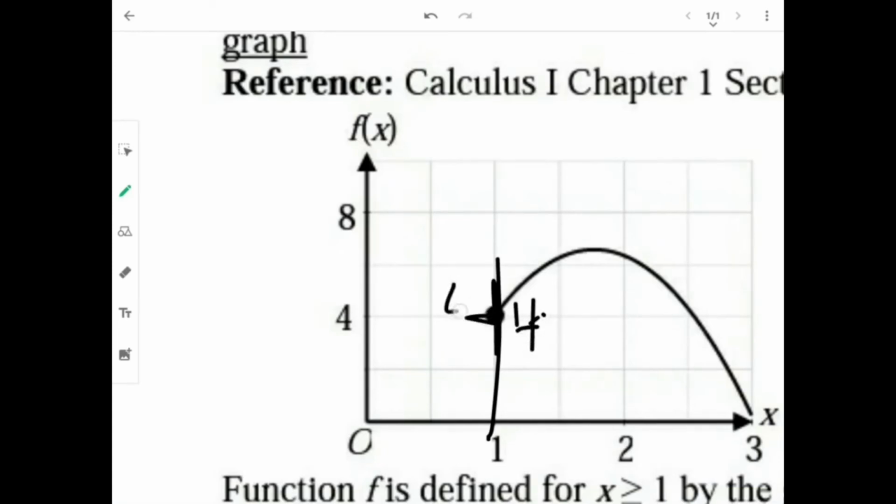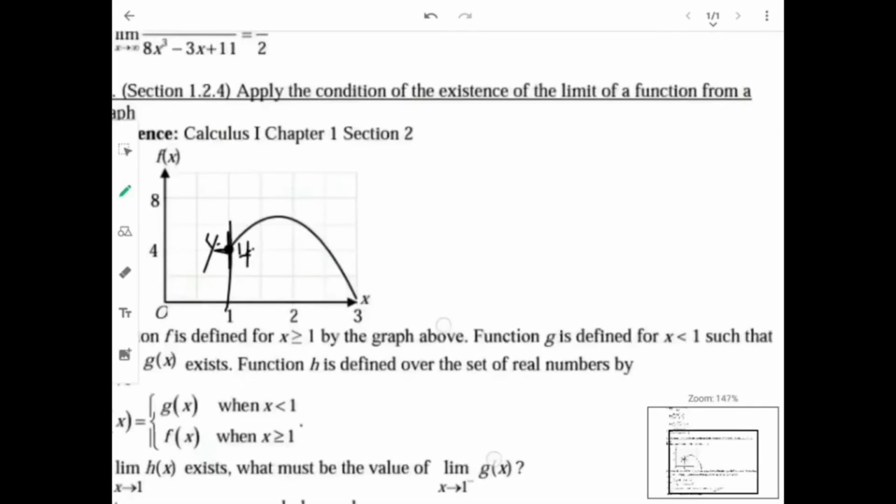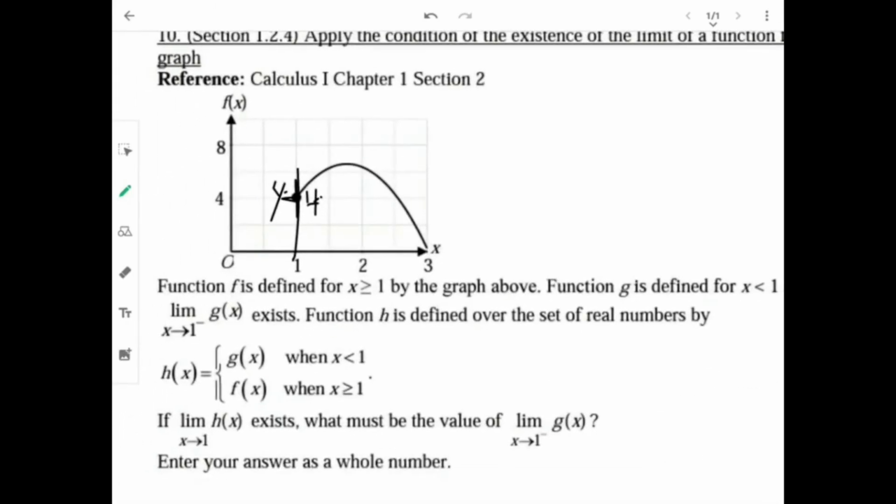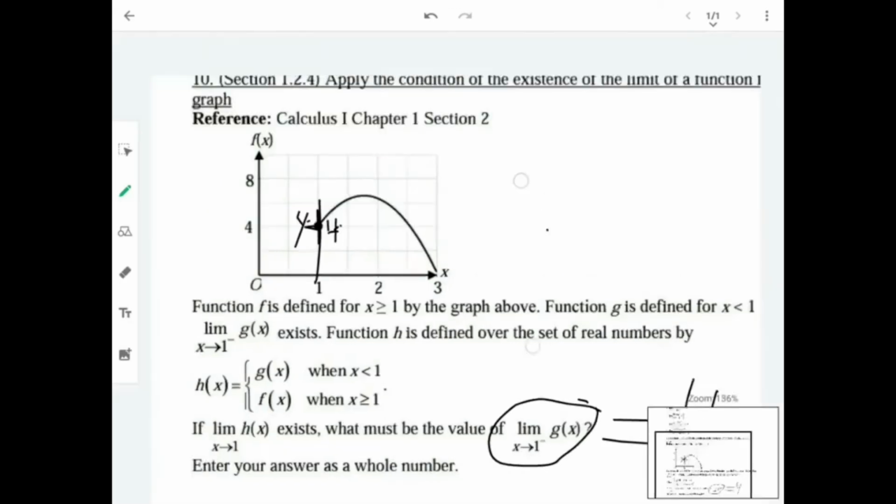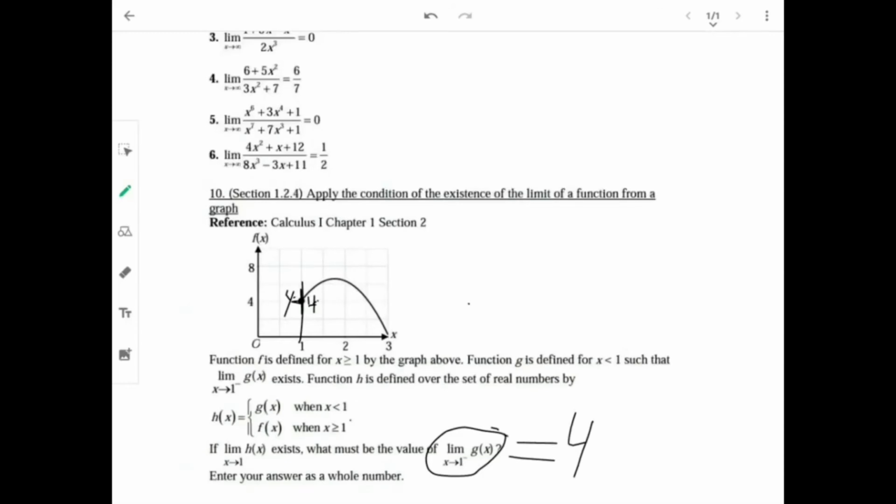The same thing, so 4. So the function g of x as it approaches minus 1 is equal to 4. So not the whole function must be 4, but the y value at 1 must be 4 from the left. And that is the 10th question.